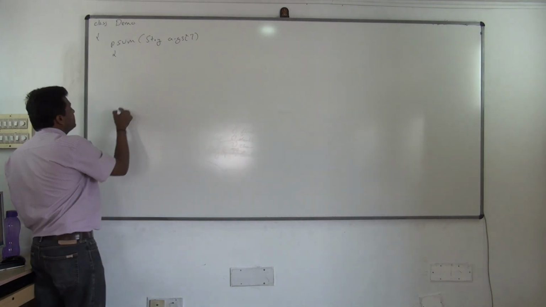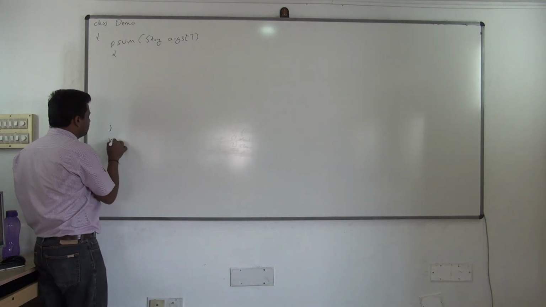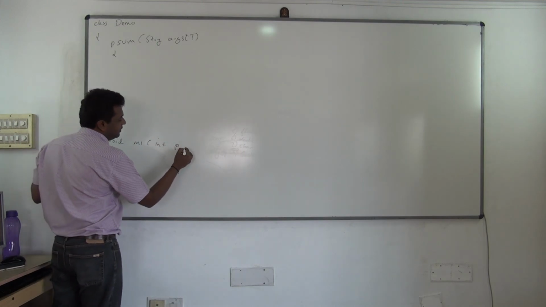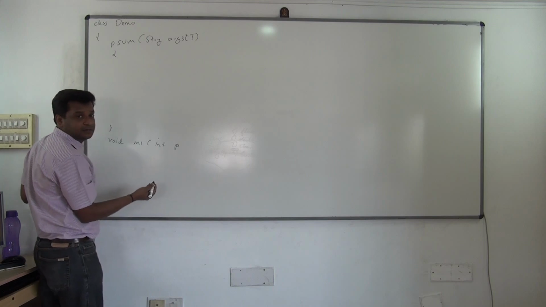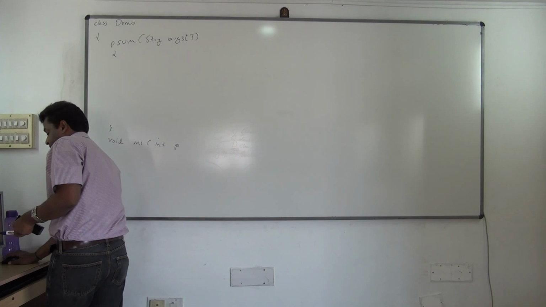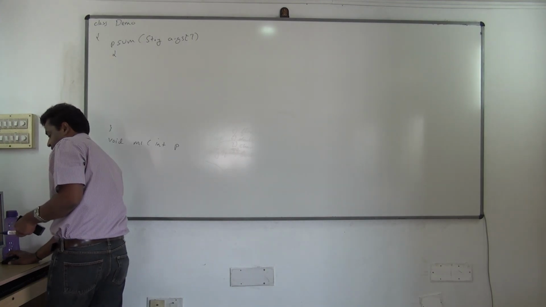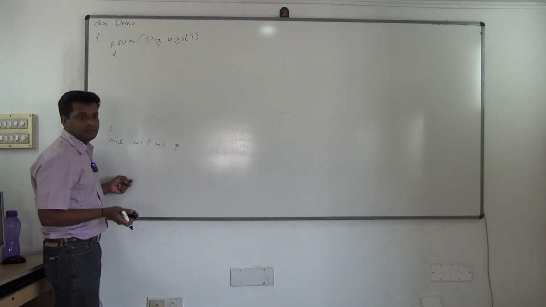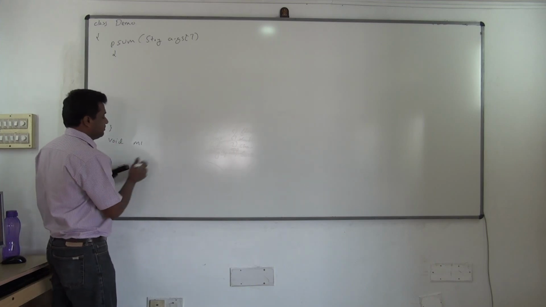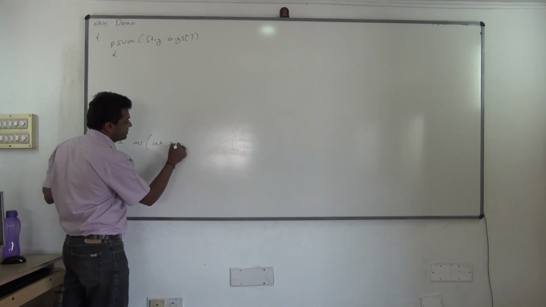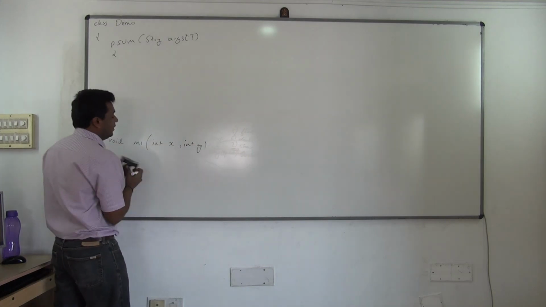I can have a method called M1, and I'll pass the parameters P and Q. First, passing primitives as arguments. You know how to pass primitives as arguments now? So I'll just show you int x, int y. I'll take P and Q, it will be easy.